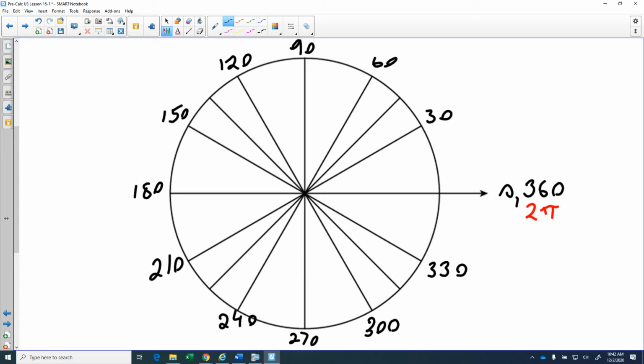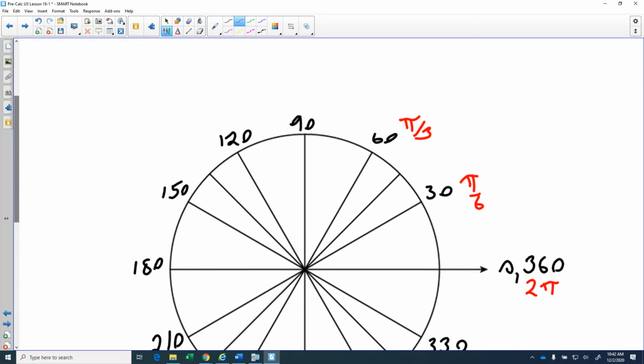For our radian measures, we want to assume that every 30 degrees is the same thing as 1/6 of a full pi of radians. So if I label this out in radians, 30 degrees is also pi over 6. 60 degrees would be 2 pi over 6, or in other words, pi over 3.